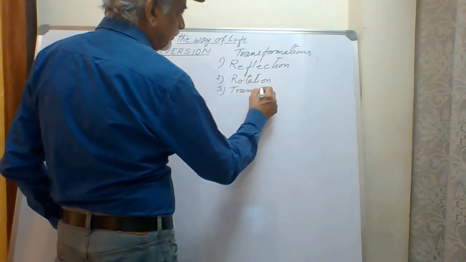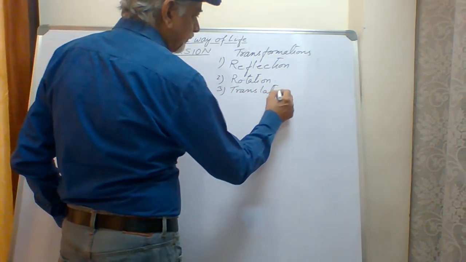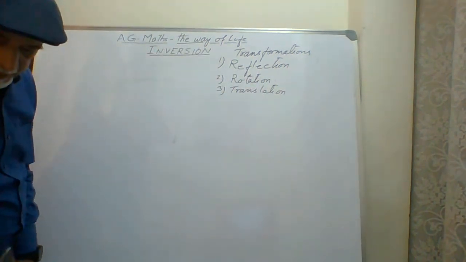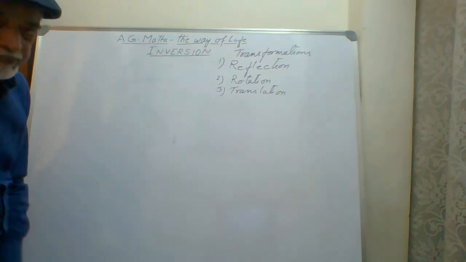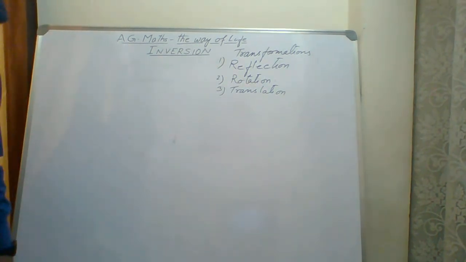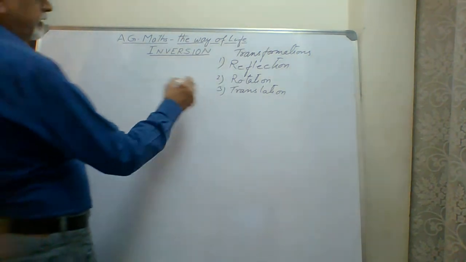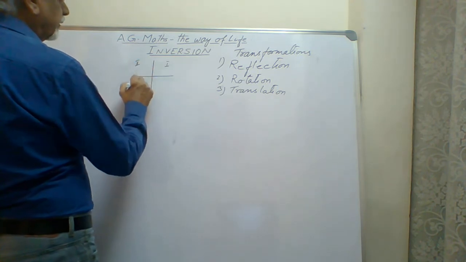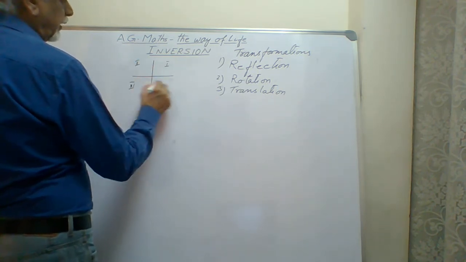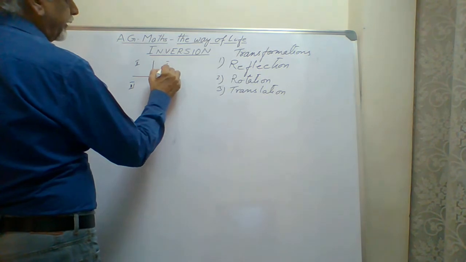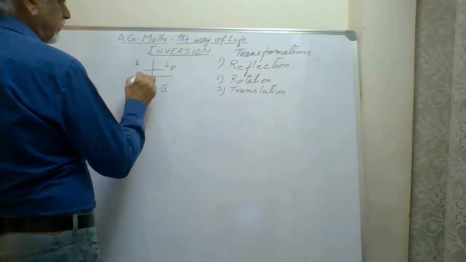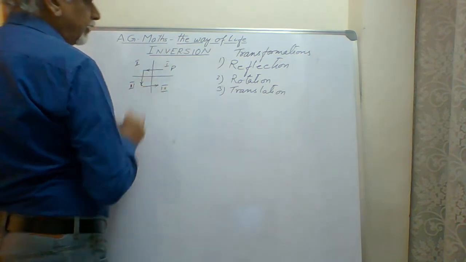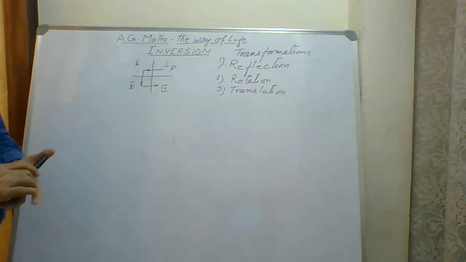This we will not discuss because this is not to be discussed here. Translation means the shifting of a point through the quadrants in strokes. Suppose we have the first quadrant here, second quadrant, third quadrant, and the fourth quadrant. If a point is here, we go to this, then we go to this, then we go to this. This is the translation of a point.